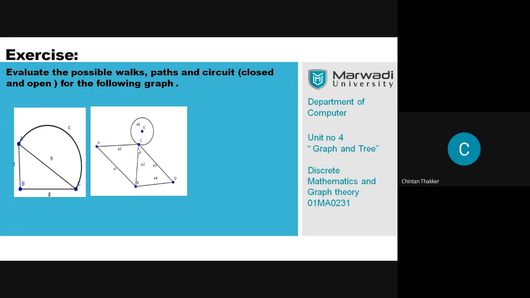Ritesh. A, E1, B, E4, E3, E6, C. Okay. This walk is right, but I want length 5.